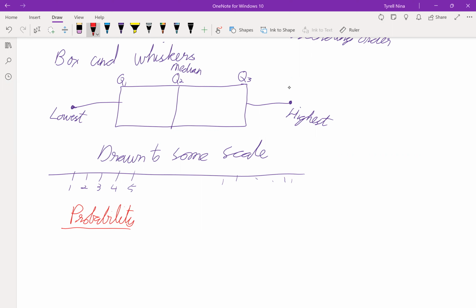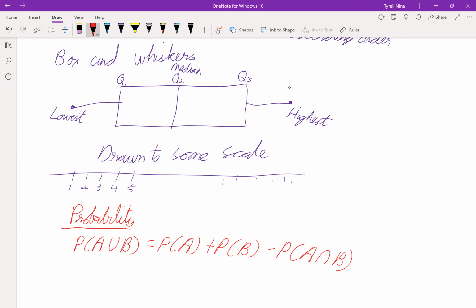Probability, the universal equation: probability of A union B is the probability of A plus the probability of B minus the probability of A intersect B. It goes on the edge. No, it's not on the same OneNote. I'll probably send you only OneNote after.